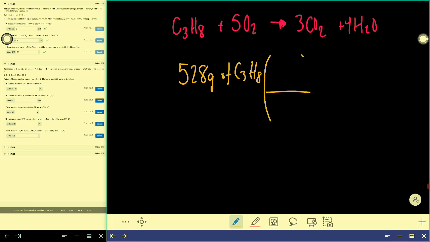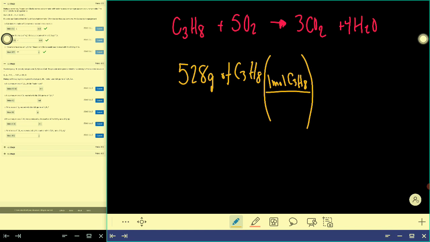Anytime you want to get mass to moles, you're going to use the molar mass. So 1 mole of C3H8. On your calculator, you probably have carbon and hydrogen memorized by now: 12.011 times 3 plus 1.008 times 8.